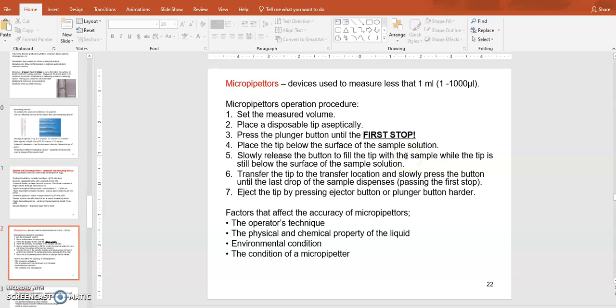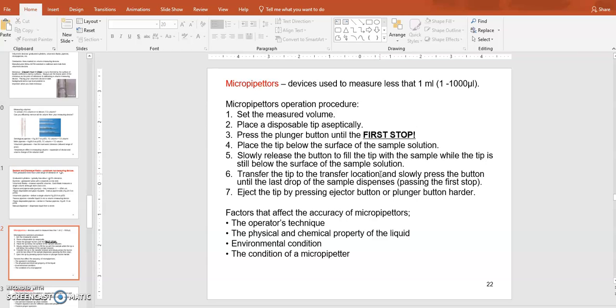You don't want that. So you release your thumb all the way very slowly, and once that's done, the liquid will be taken into the pipette tip to the right capacity, and then transfer the tip to the receiving end, wherever the container your liquid is going to go in. Transfer the tip there, and then put your thumb back on the button and slowly press that button again.